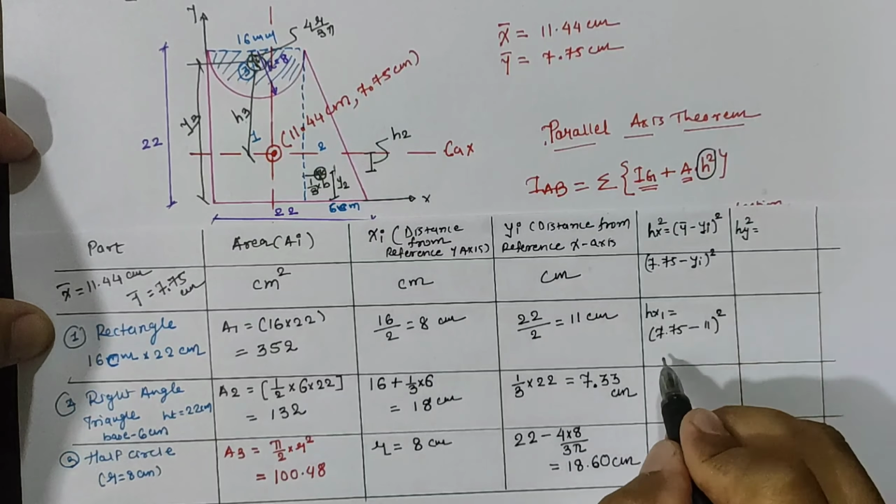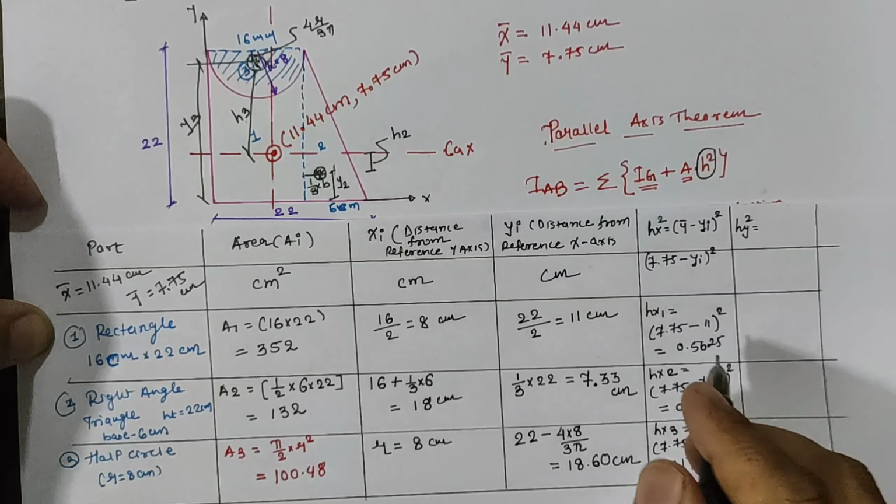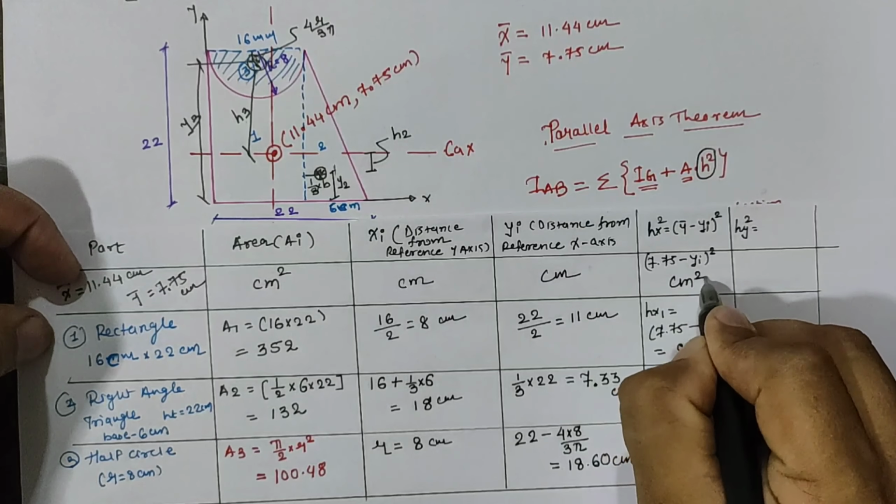And for the third part, hx3, which is equal to 7.75 minus 18.60 square, which is equal to 117.7225 in terms of centimeter square.